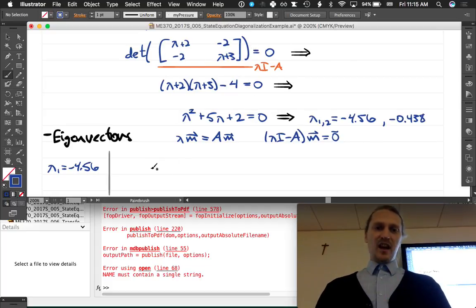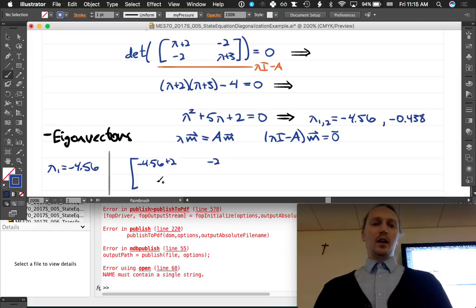So using that matrix, we can say that negative 4.56 plus 2, negative 2, so I'm reading off here, negative 2, and then once again, negative 4.56 plus 3, times m, right?